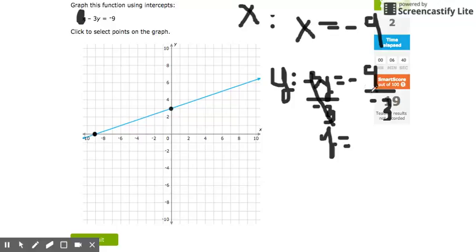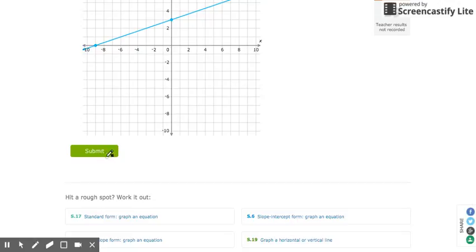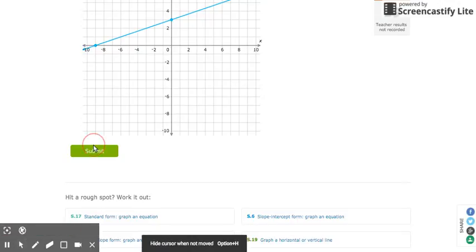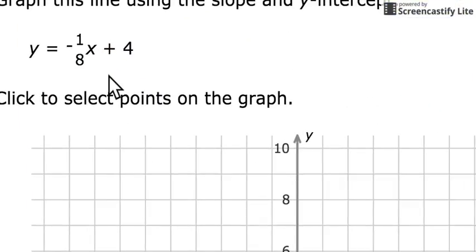A negative divided by a negative, they cancel out, makes a positive. 9 divided by 3 is 3, so y is 3. So then you're going to click here first, and then you're going to click there, because your y-intercept was at 3, and there's your 2 intercepts. So when you get a problem that looks like this, it means solve for your x and your y-intercepts. All right, let's go ahead and submit this one. That was a good one. Great job.